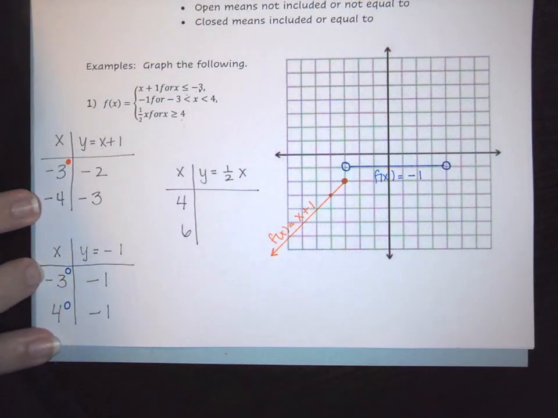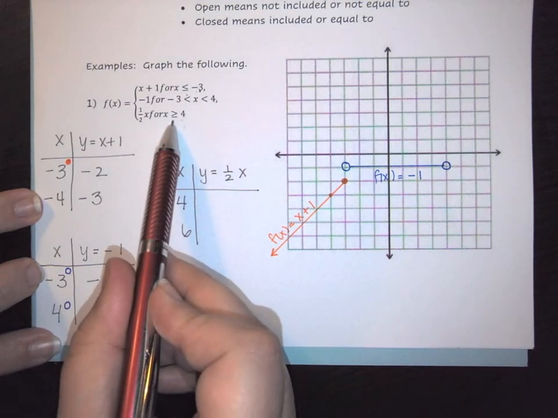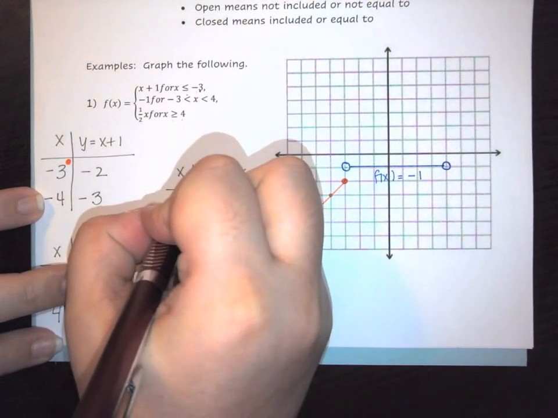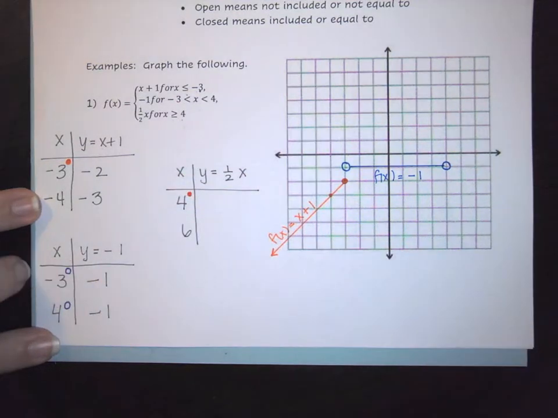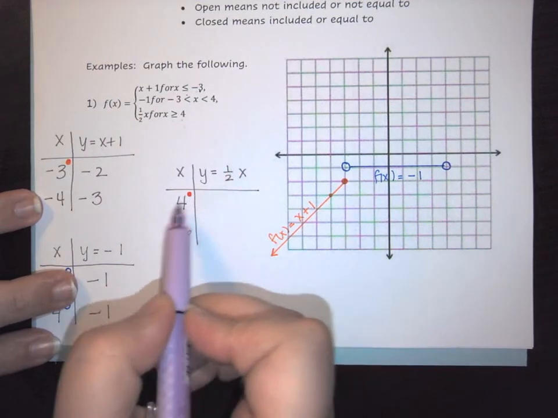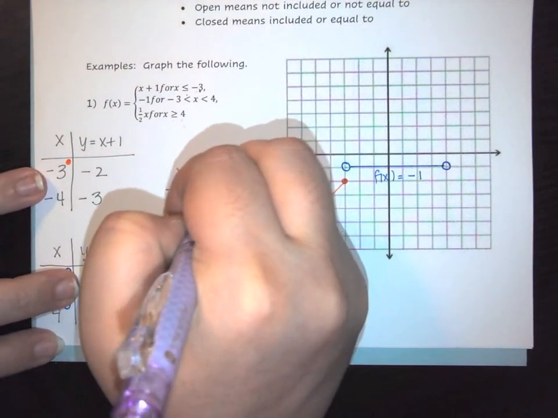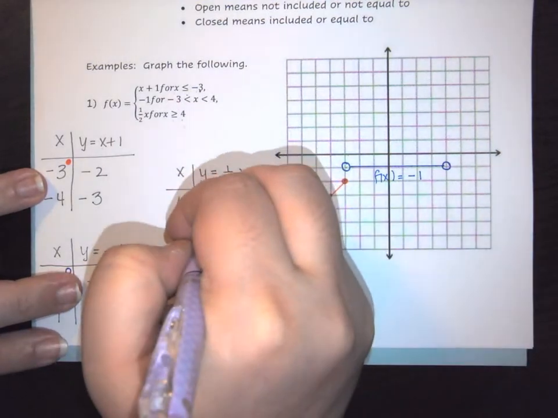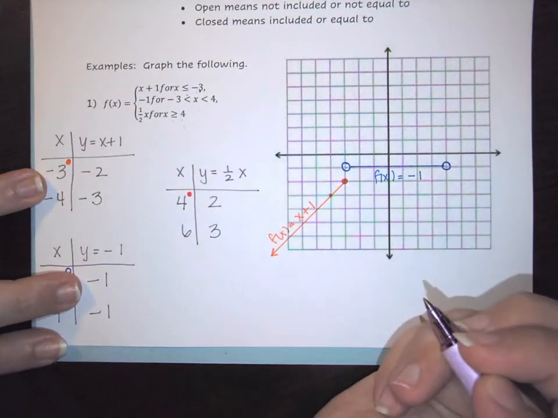Now the other thing that I know about it is that this point at 4 has an equals underneath. So I'm going to go ahead and fill in my circle. Now I need to figure out what my coordinates are. So here I'm going to have 1/2 times 4, which gives me 2, and 1/2 times 6 gives me a 3.